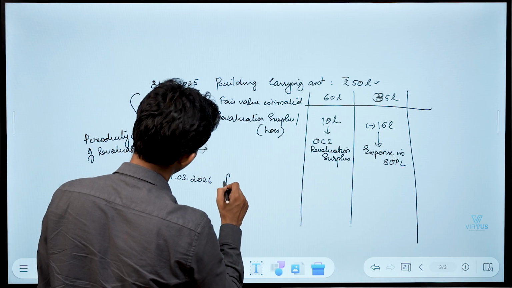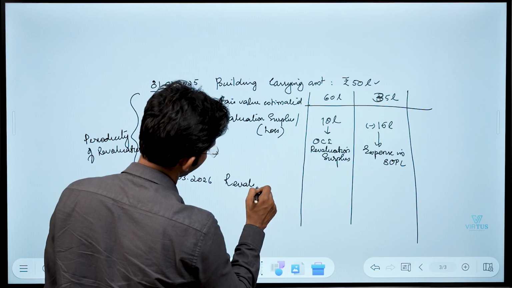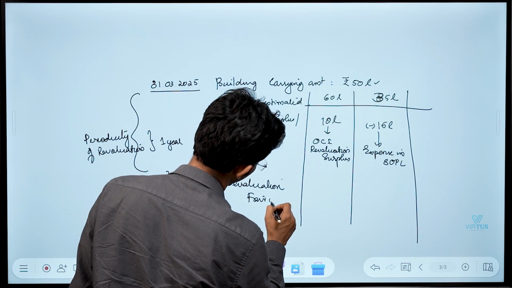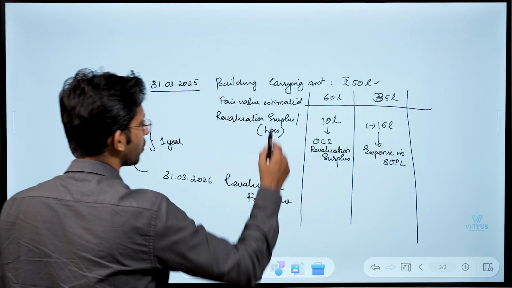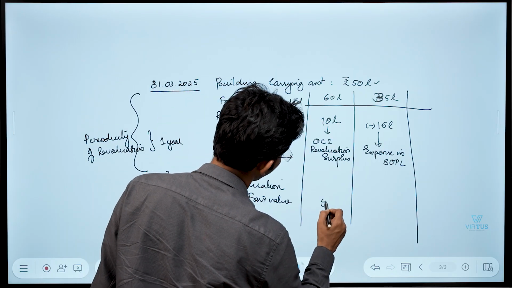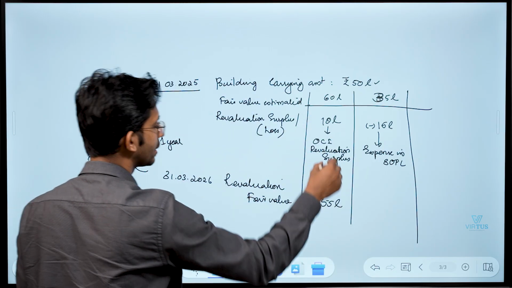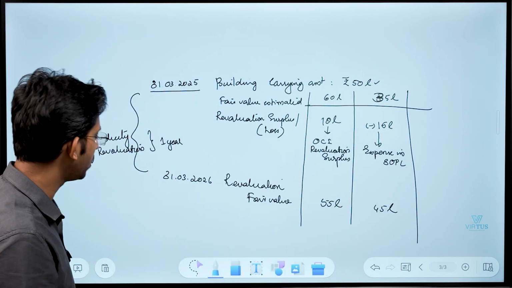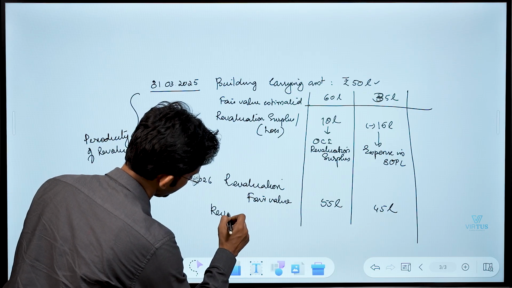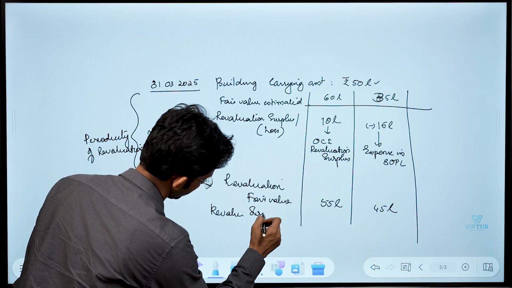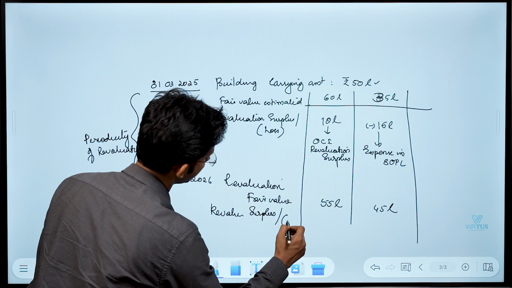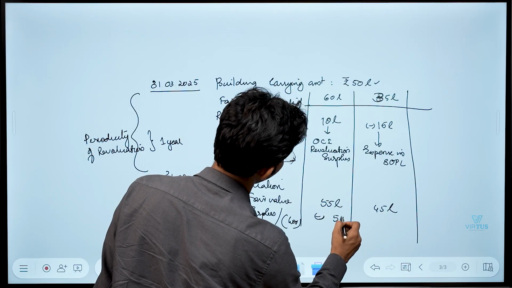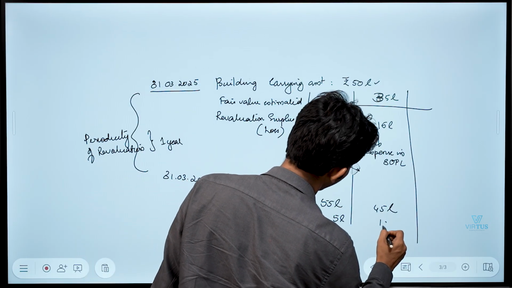So on 31/3/2026, again a revaluation happened, and the revalued fair value, let us say, from 60 has gone down to 55 lakhs, or in the other case from 35 it has gone up to 45 lakhs. How will you treat the revaluation gain or loss? Here there is a loss of 5 lakhs, and here you have a gain of 10 lakhs.